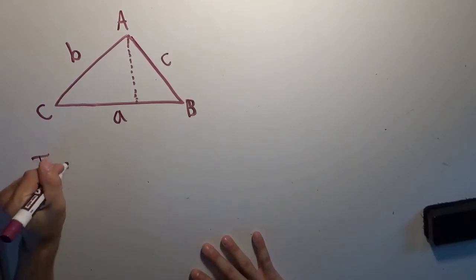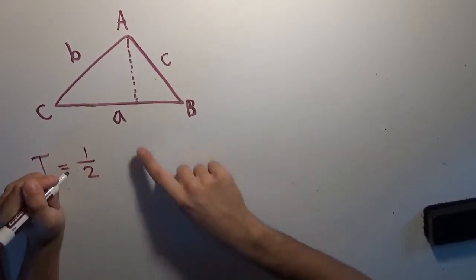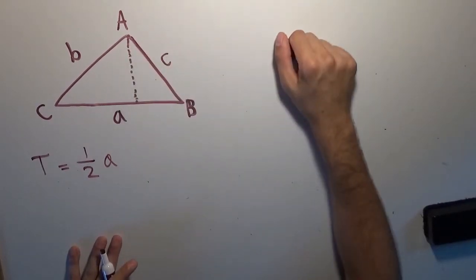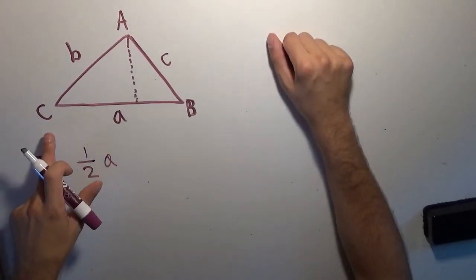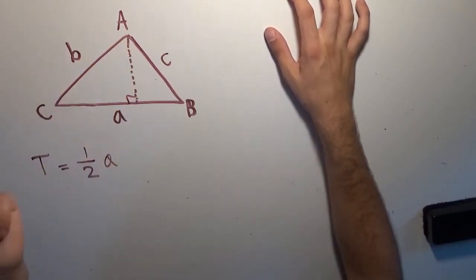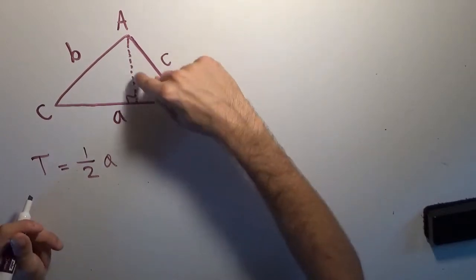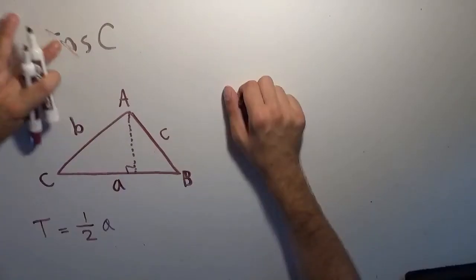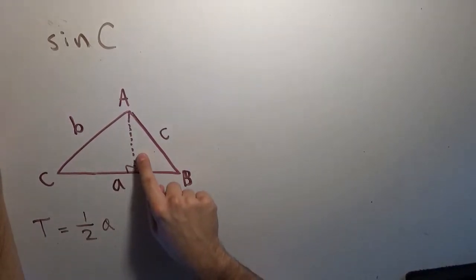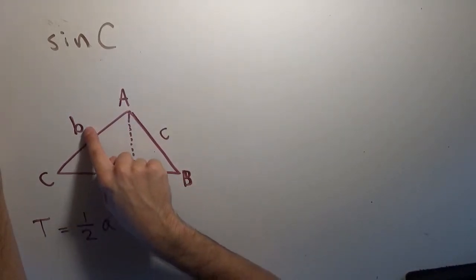Big T is going to be equal to 1/2 times little a. And now we need to find out what the height of the triangle is. Well, we see that we have a right triangle right here, right? And so we want the height of this triangle. We know that the sine of big C is going to be the opposite side, or the height that we want, divided by b, right?